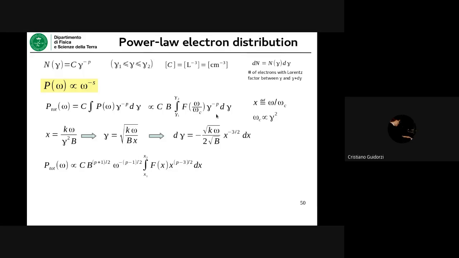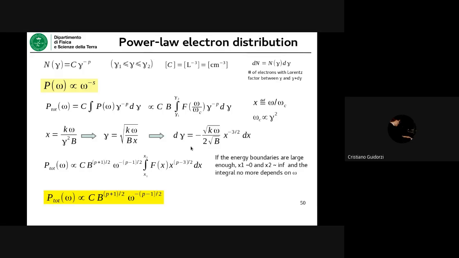And then you see, you have an integral depending on just quantities which depend on x. The residual dependence on omega, of course, could be through the boundary terms of the integral. But in many realistic cases, these can be considerably relatively large. So the dependence on omega is really smoothed out.